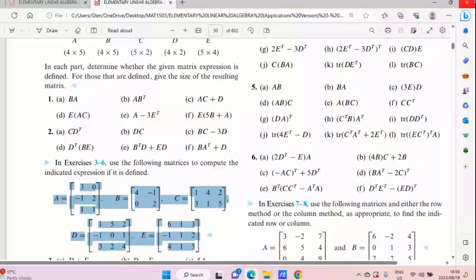Second row: negative 12, 2, negative 5. Last row: negative 6, negative 8, negative 7.